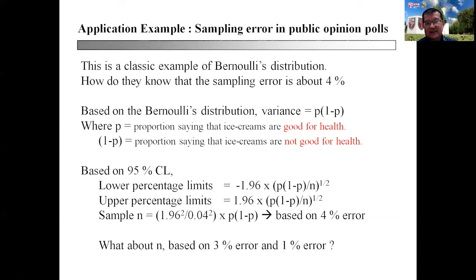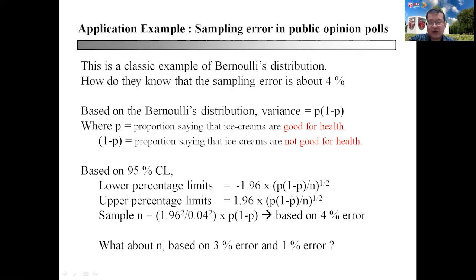So this is a dichotomous type of equation where you only have yes and no. If you set the sampling error at about 4%, then based on a 95% confidence level, the lower percentage limit will be minus 1.96. Again, remember this is a Z-score multiplied by the SE derived from the population variance, and the upper percentage limit will be expressed equally.